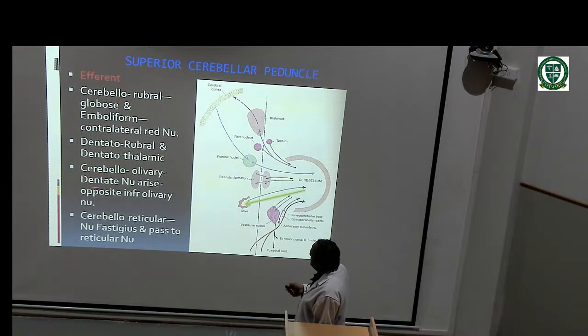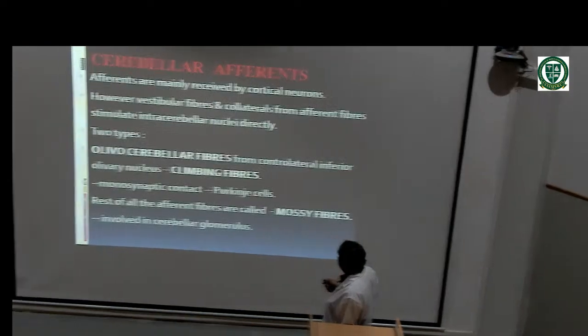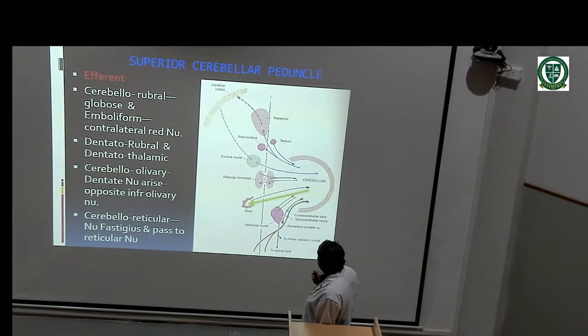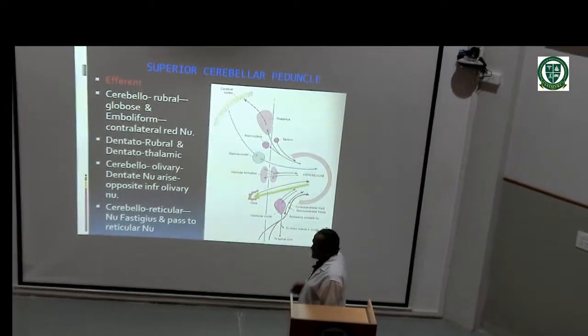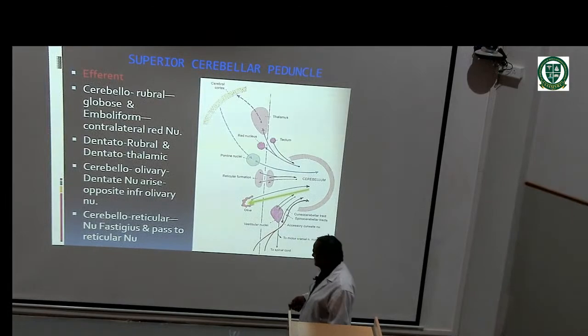They arise from the dentate nucleus, and they will end in the opposite inferior olivary nucleus. So these are the cerebello-olivary fibers. Next, cerebello-reticular fibers. They arise from the nucleus fastigius and pass to the reticular nuclei.